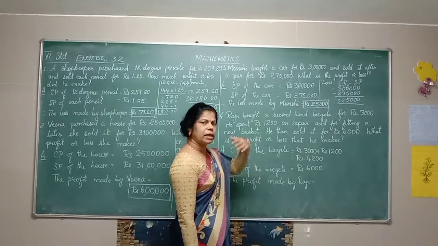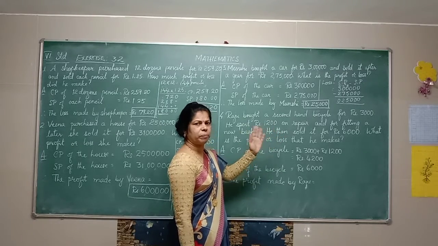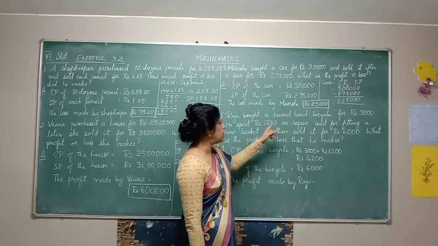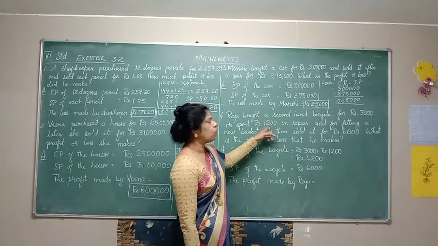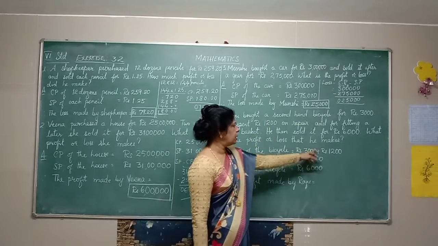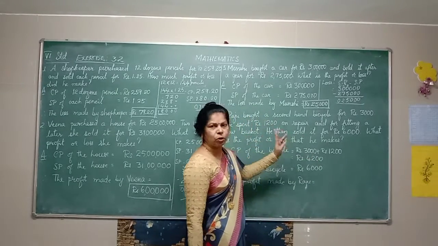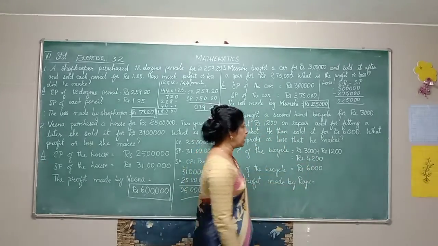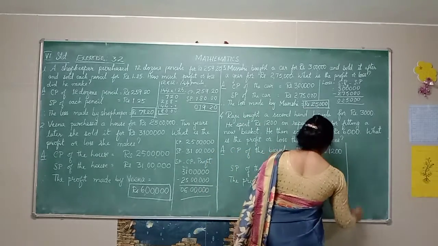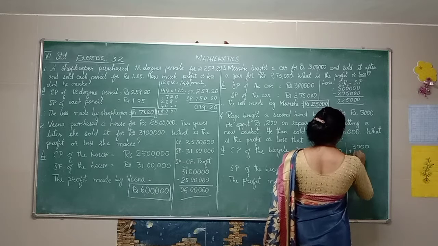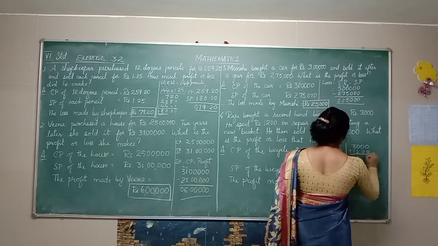Apart from that, he has given 1,200 for the repair and other new items. So totally, 3,000 plus 1,200 is 4,200 he has spent to purchase the bicycle.